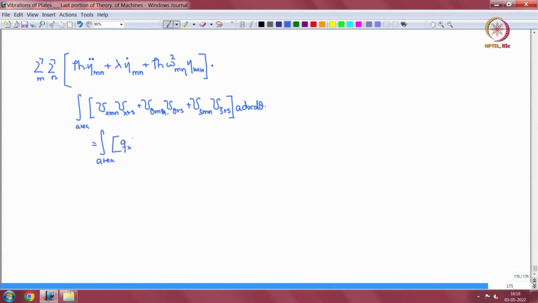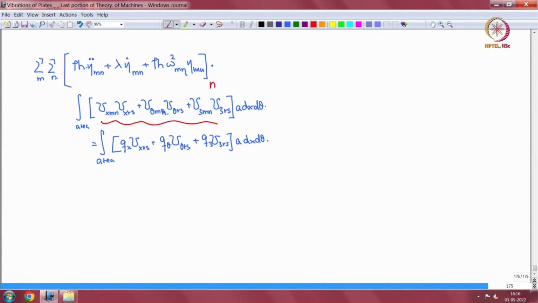q x u x rs plus q theta u theta rs plus q3 u3 rs a dx d theta. These are forces per unit area in each of the directions. This is the orthogonality condition, if you remember.